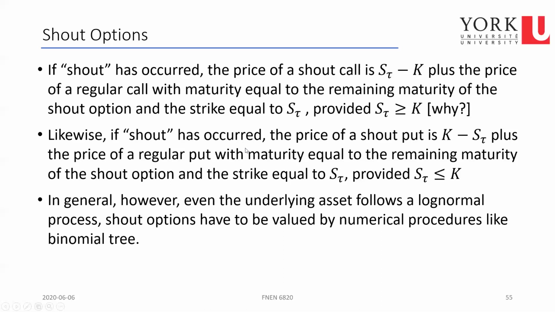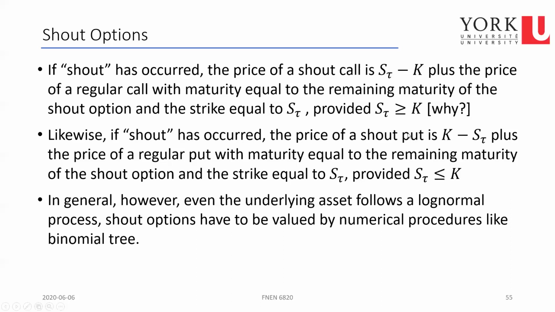Now, in general, for short options, because the short occurs only at one time, and you don't know when that will occur or when the holder will actually make the short, the value of a short option cannot be calculated through a closed-form formula.